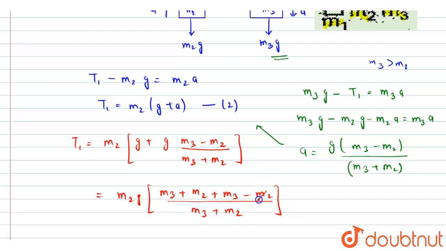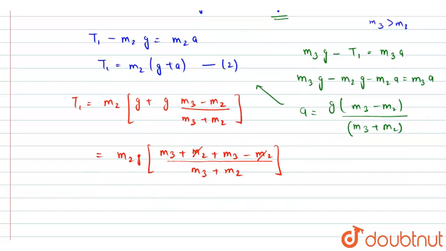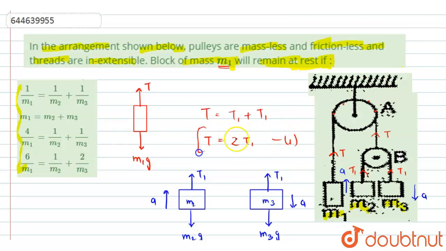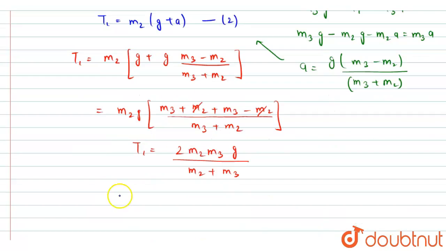From here the m2 term will cancel out, and finally T1 will be given as 2 m2 m3 g over m2 plus m3. Now from equation 1 we have the tension T in the string as 2 times T1. So T equals 2 times T1, that is 4 m2 m3 g whole divided by m2 plus m3.